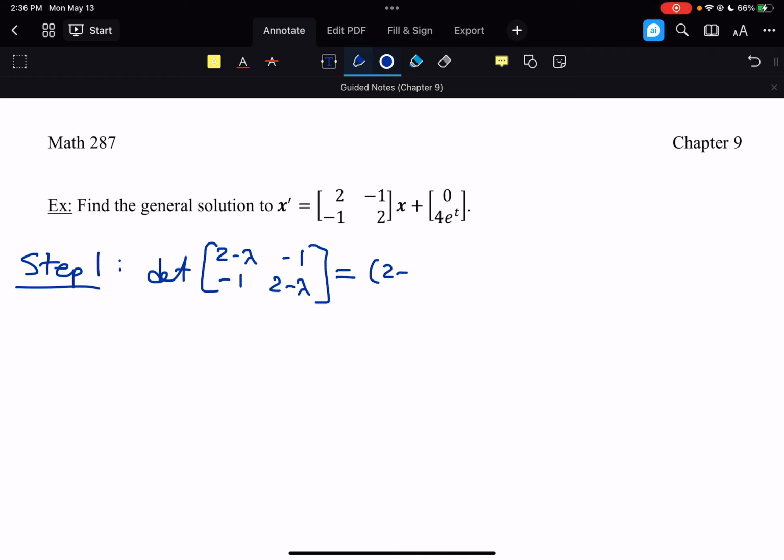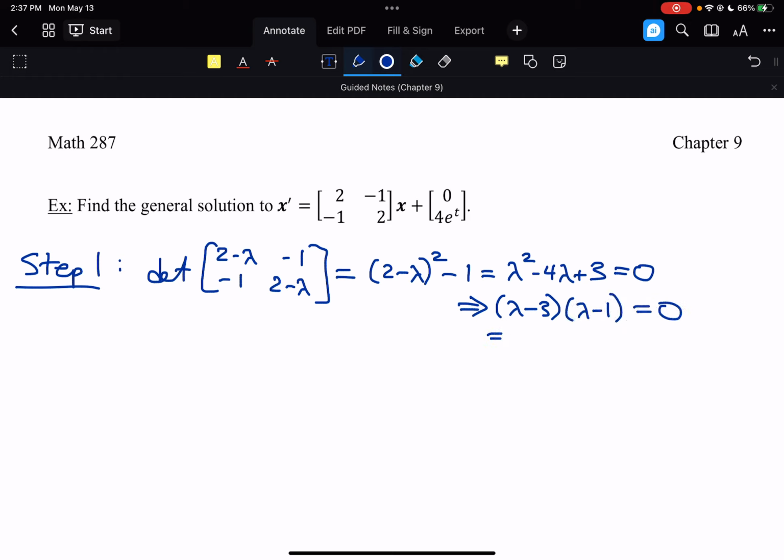That gives us (2 minus lambda) squared minus 1, which expands out to lambda squared minus 4 lambda plus 3 equals 0. That factors as (lambda minus 3)(lambda minus 1), so lambda is 3 and 1.